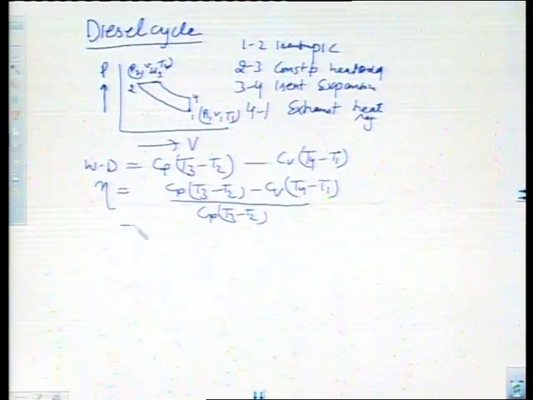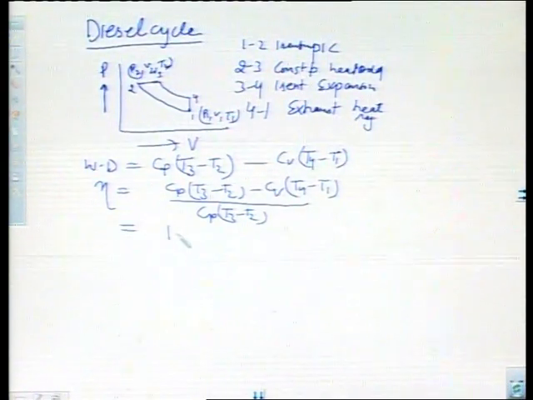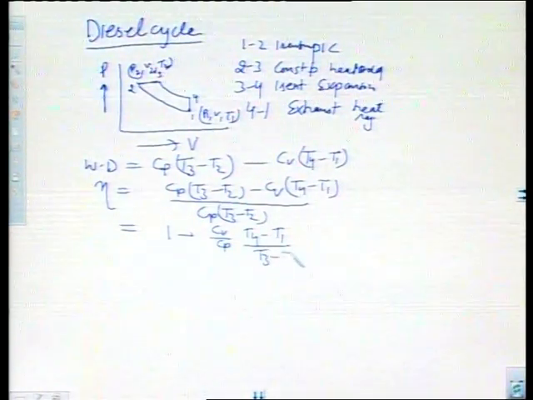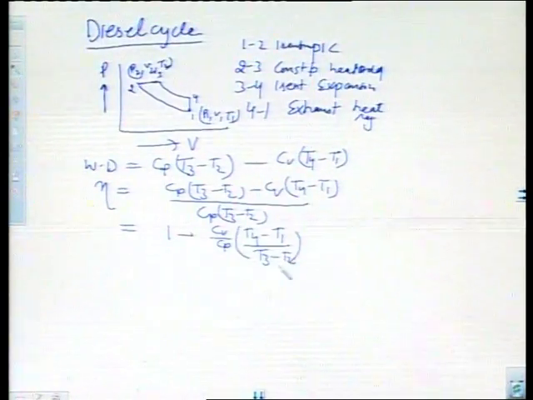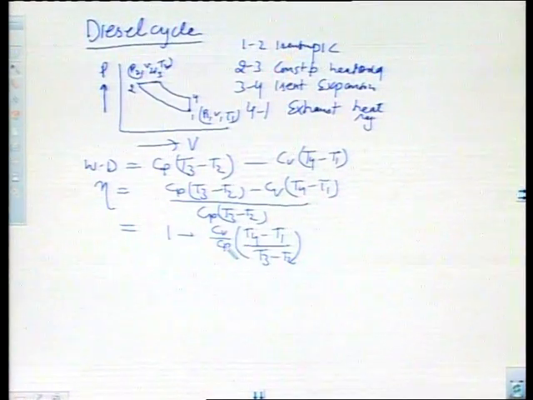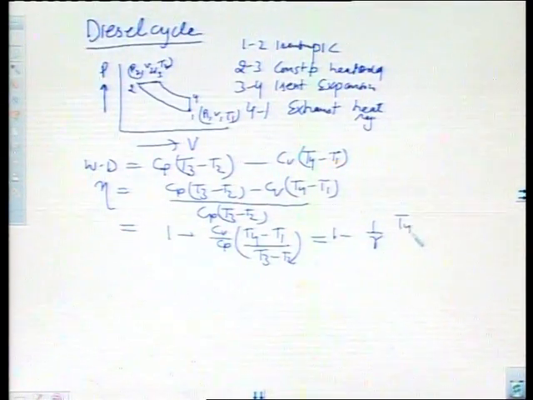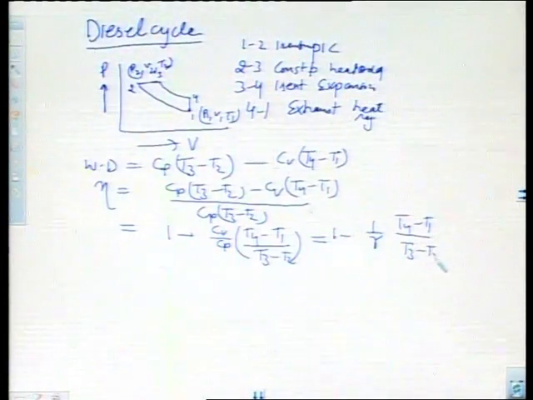It can be further written like this: 1 minus Cv divided by Cp, times (T4 minus T1) divided by (T3 minus T2). Cp over Cv is nothing but gamma. So, we can write 1 minus 1 by gamma, times (T4 minus T1) divided by (T3 minus T2).